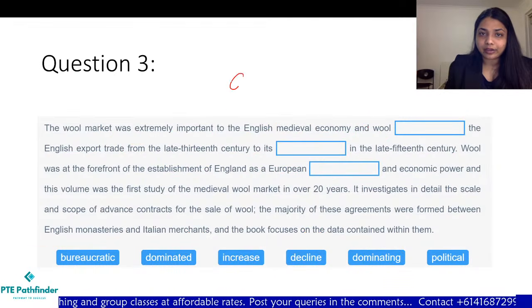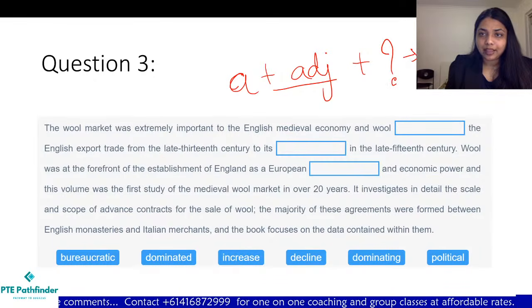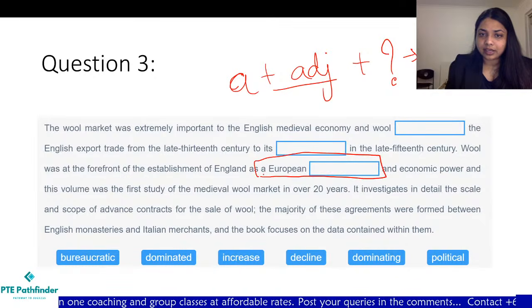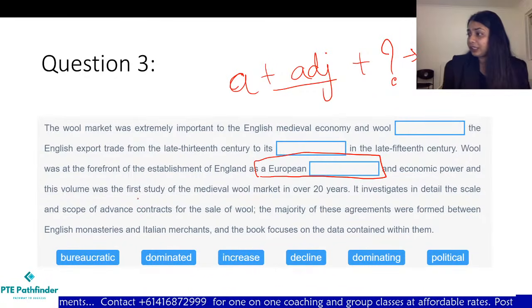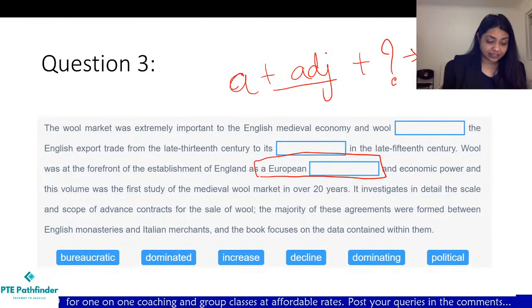If you have an article and it's followed by an adjective, we need what? We need a noun. So if you look at the sentence and look at the blank, it says a European dash and economic power, and this volume was the first study of the medieval wool market in over 20 years.